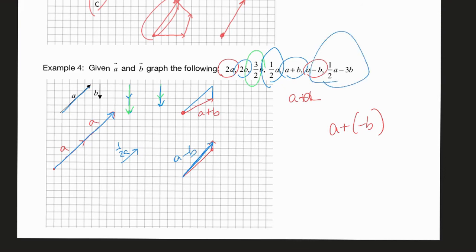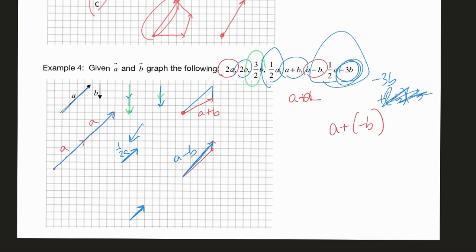This last one tells me I should take half of A, which, oh look, it's right here. This is half of A, so I'll just start with that. Half of A, and I'm going to subtract 3 B's. I'm going to have to draw that half of A somewhere else. Maybe right here. Now, subtracting 3B is the same thing as adding 3 negative B's.